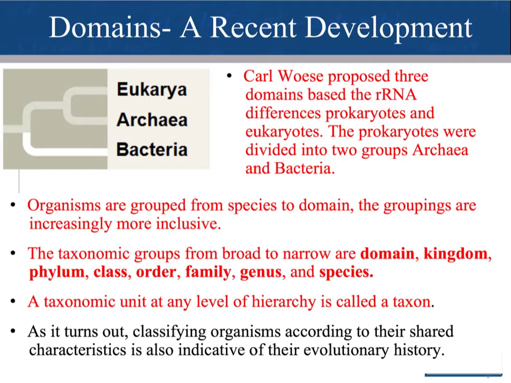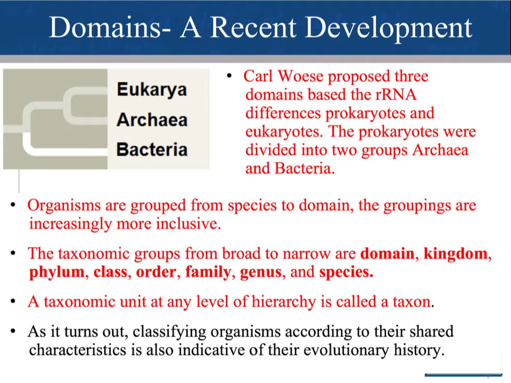So within the last 10 years or so, the classification world has kind of been turned on its head because of another scientist named Carl Woese, who proposed, instead of having our kingdoms be our most inclusive category, the concept of a domain. So he proposed that there are 3 domains, and he based those domains on RNA differences between prokaryotes and eukaryotes.